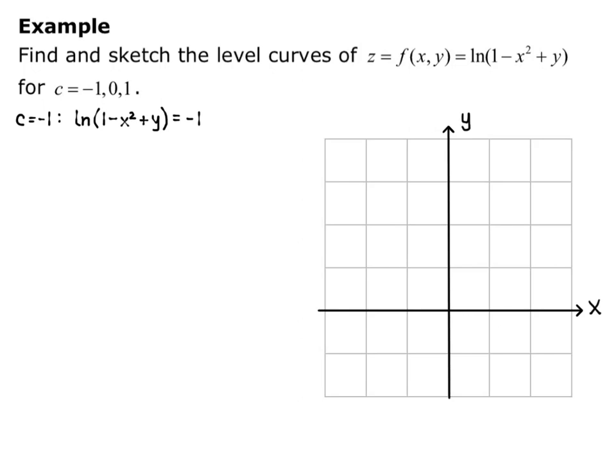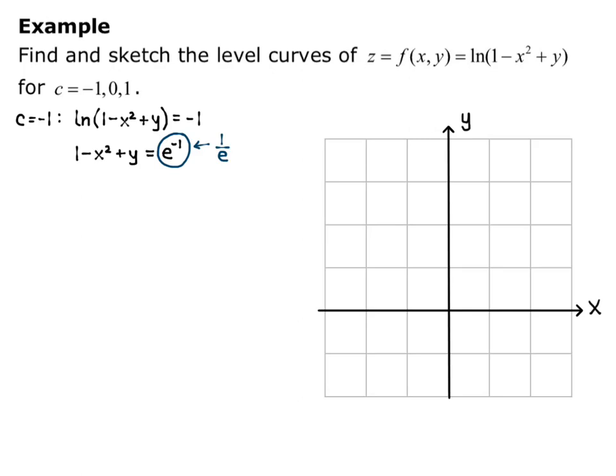If you think back to algebra, you might remember that e to the x and natural log of x are inverse functions. So I'm going to apply e to both sides of the equation, which will cancel out the natural log. So we get 1 minus x squared plus y equals e to the negative 1. Using rules of exponents, we know that e to the negative 1 is 1 over e.